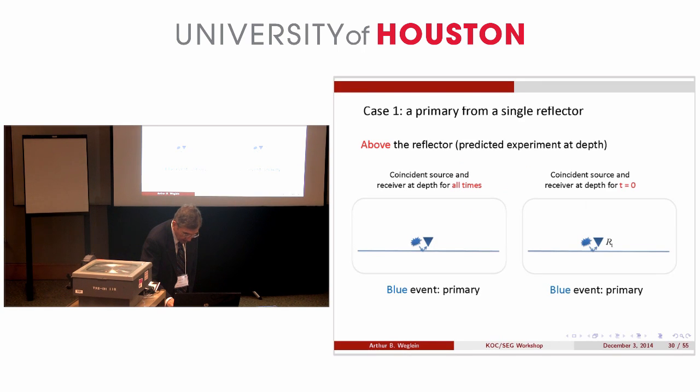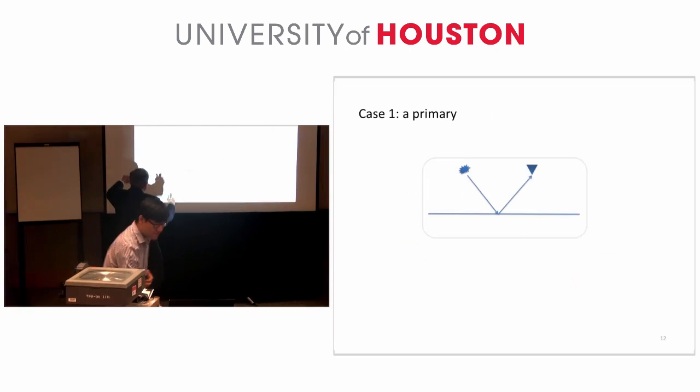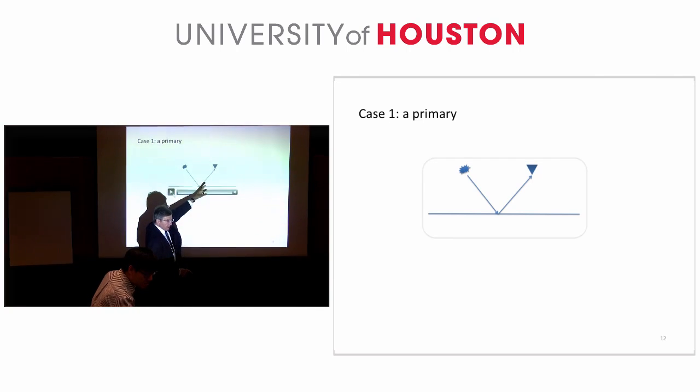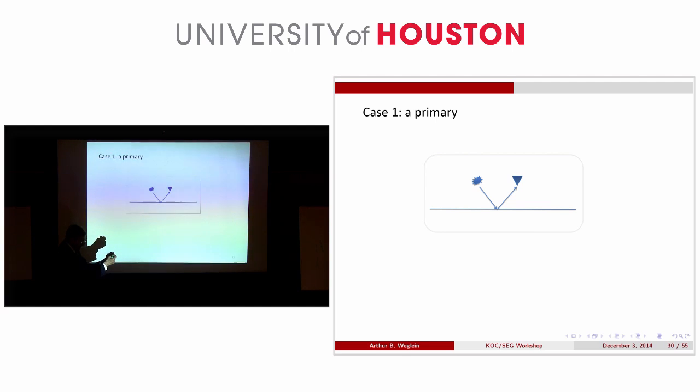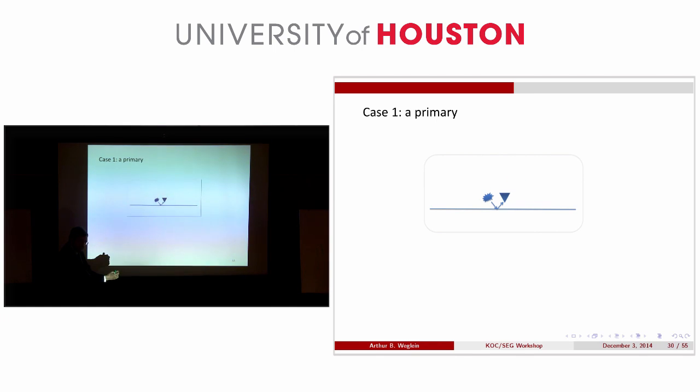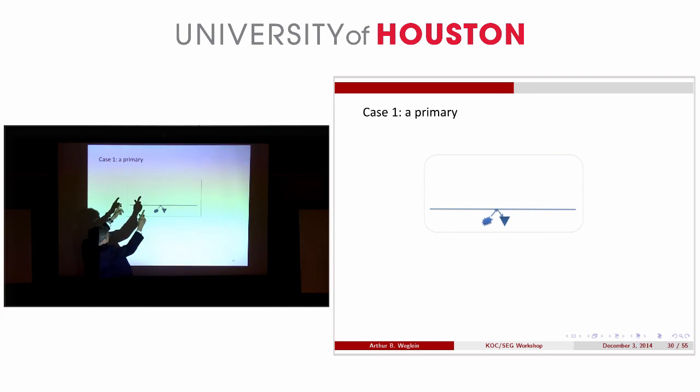So here's a primary. How does the movie go, Chuck? So in other words, what we're saying is, here's the actual measured primary, yes? And then you predict it. So the measured primary predicts one event measured.